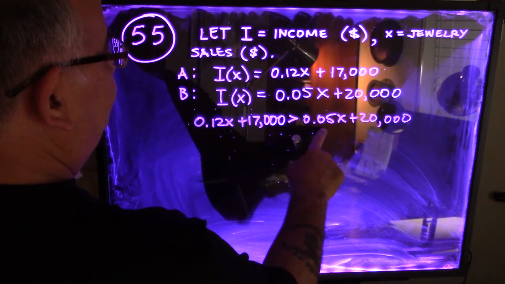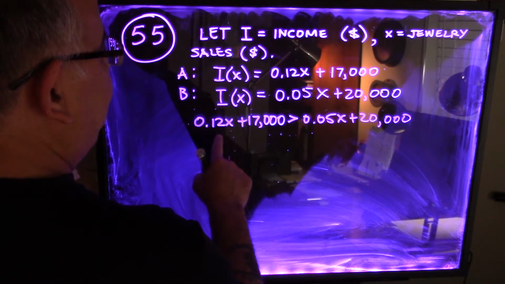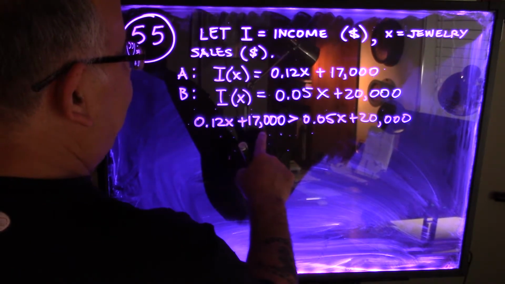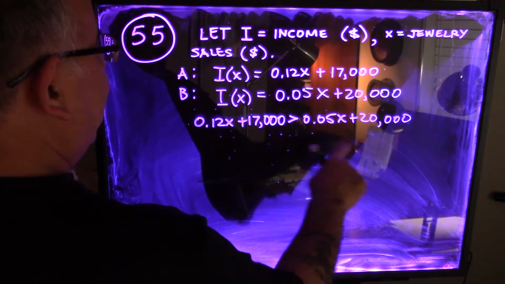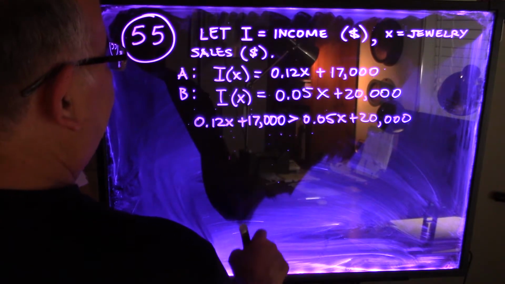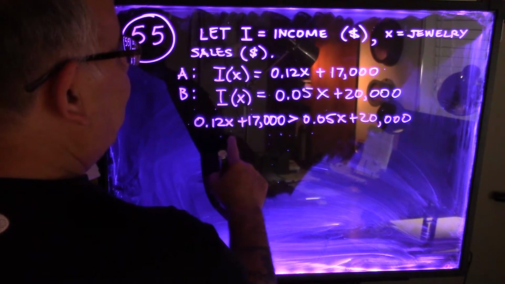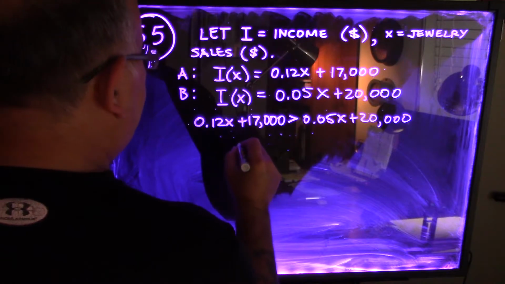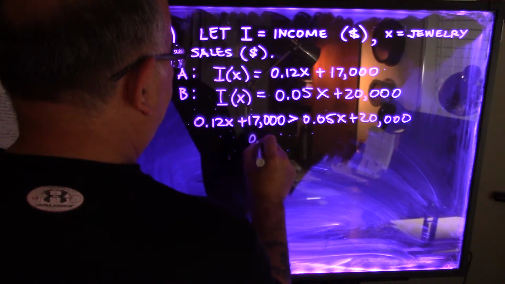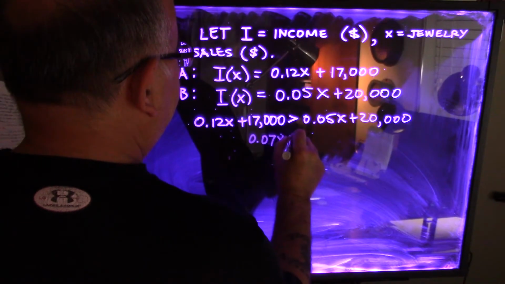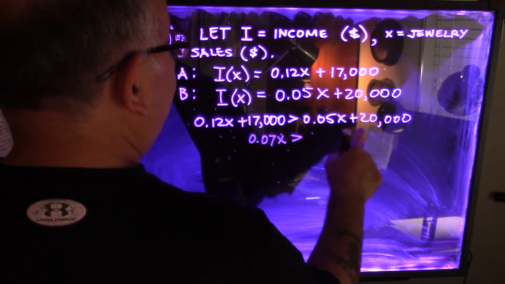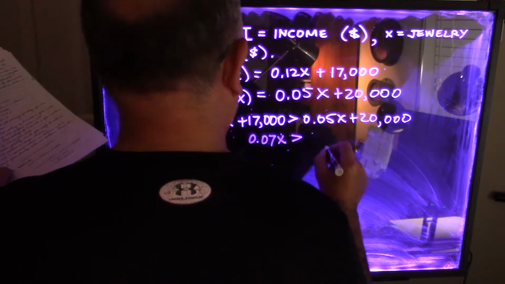Or you can think of moving this to this side and changing the sign to a negative 0.05x, and moving that to the right side and changing the sign to negative 17,000. So what you get is 0.12x minus 0.05x is 0.07x is greater than 20,000 minus 17,000, which is 3,000.